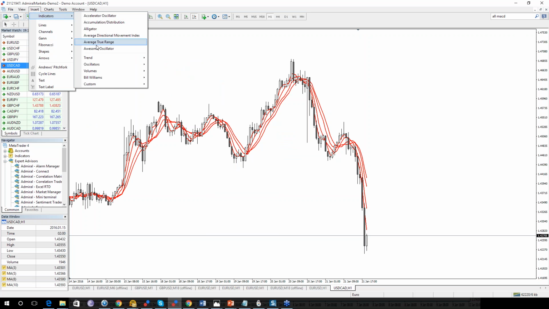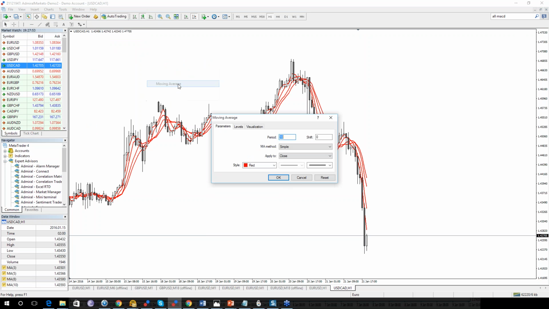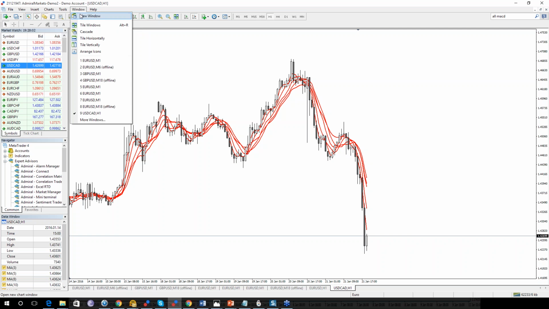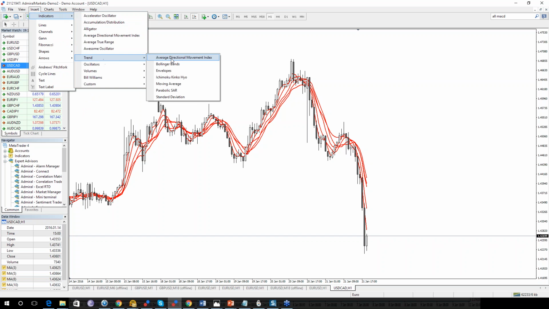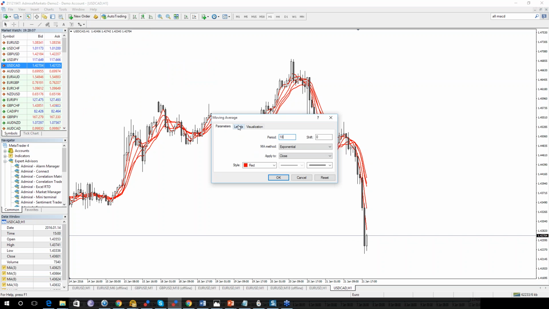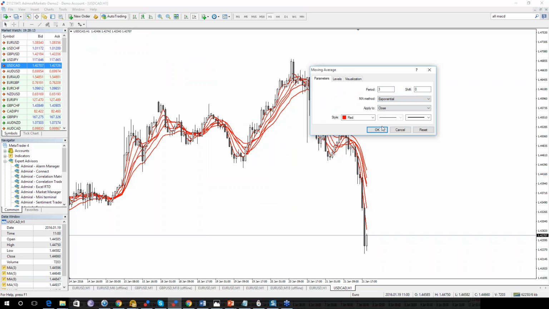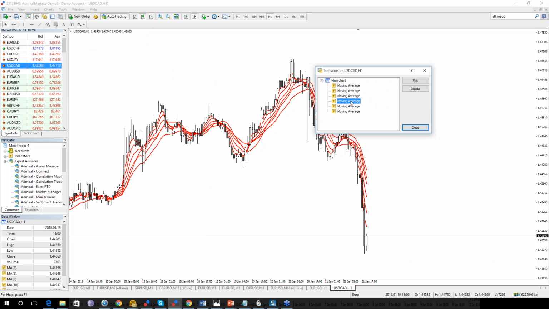I will just move it to EMAs. So every single of them should be EMA, not simple, but exponential. Let me put it one more. 18. So once more, exponential moving average. 3, 5, 8, 10, 12, 18. So those are short-term moving average.